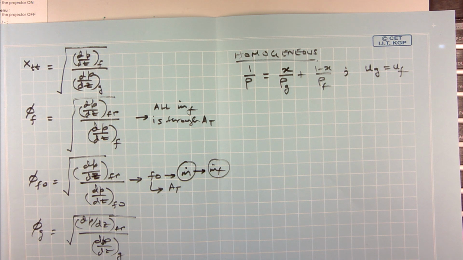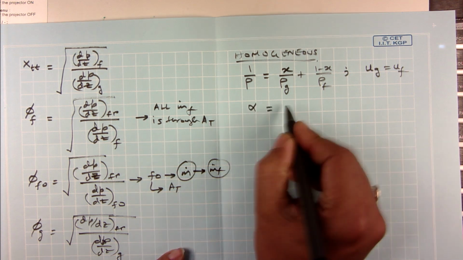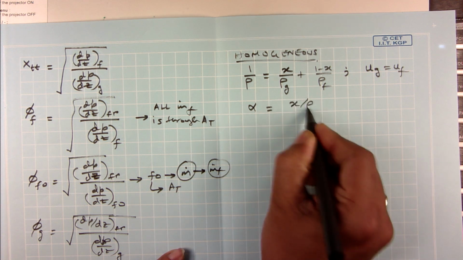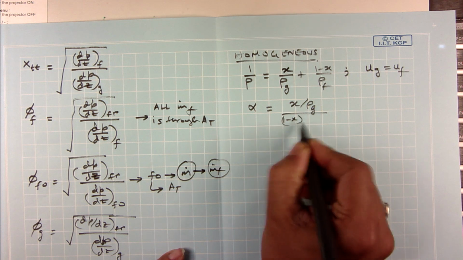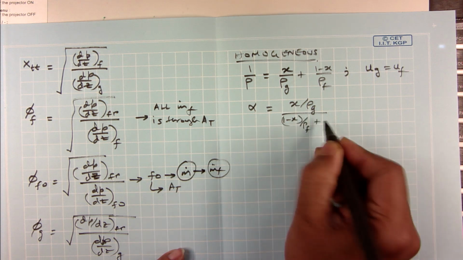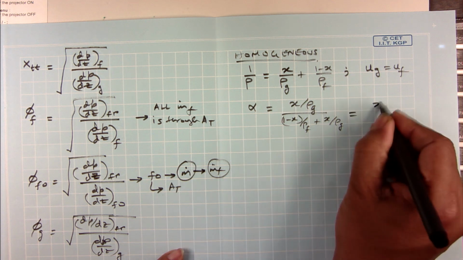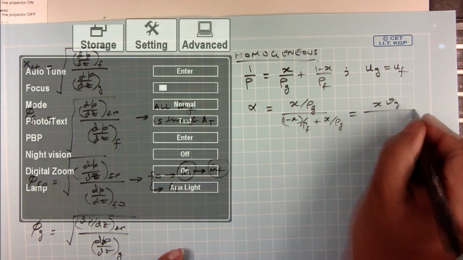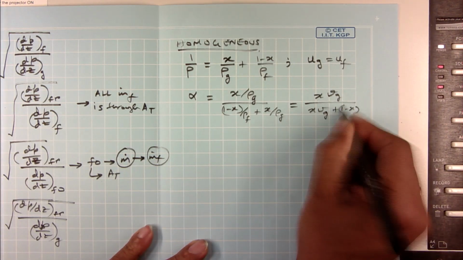So if I make that assumption, then automatically my void fraction calculation becomes very simple. So in that case my void fraction comes out to be x divided by rho g, divided by 1 minus x by rho f plus x divided by rho g, okay, or I can write it as x times V g divided by x times V g plus 1 minus x times V f.